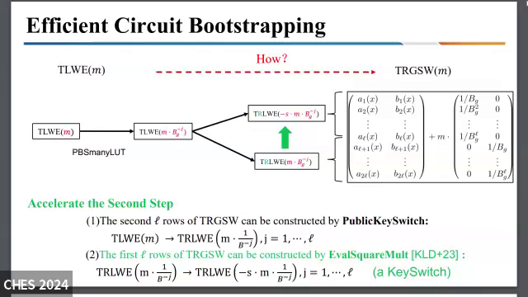In this paper, we accelerated the second step, because we can see from the picture that the first row of TRGSW is related to the secret key. So we just need to achieve these first rows of TRGSW.